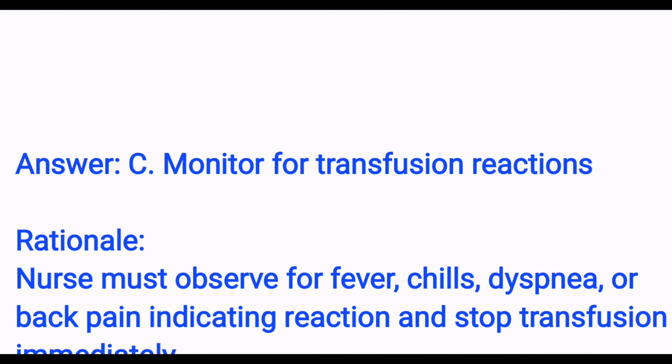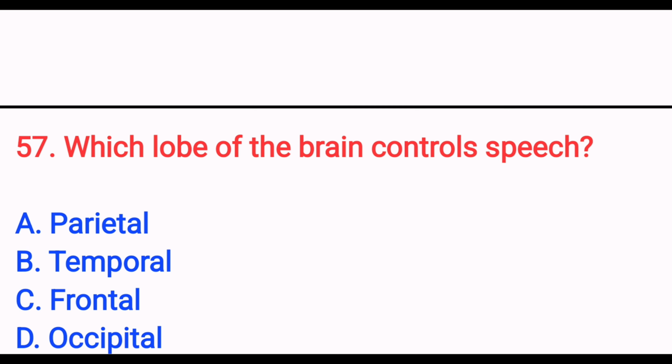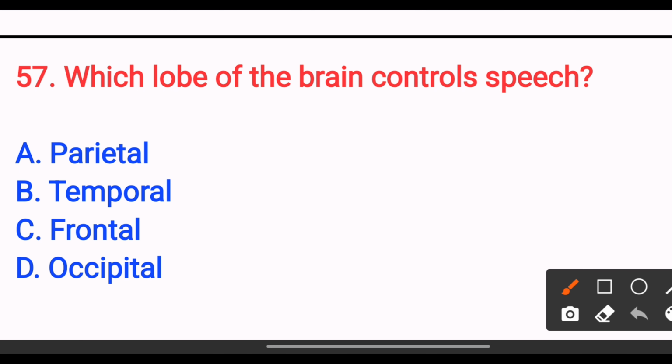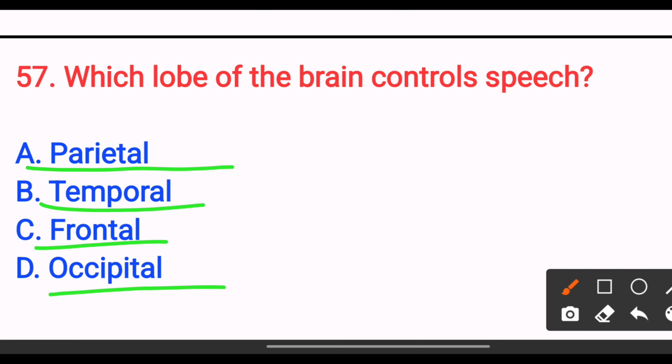Next, which lobe of the brain controls speech? Option A, parietal. Option B, temporal. Option C, frontal. Option D, occipital.